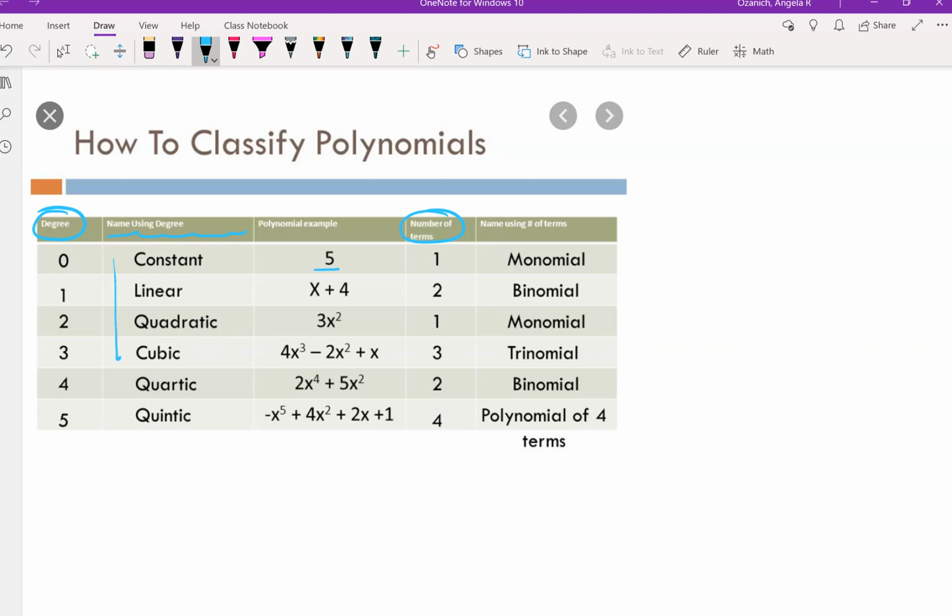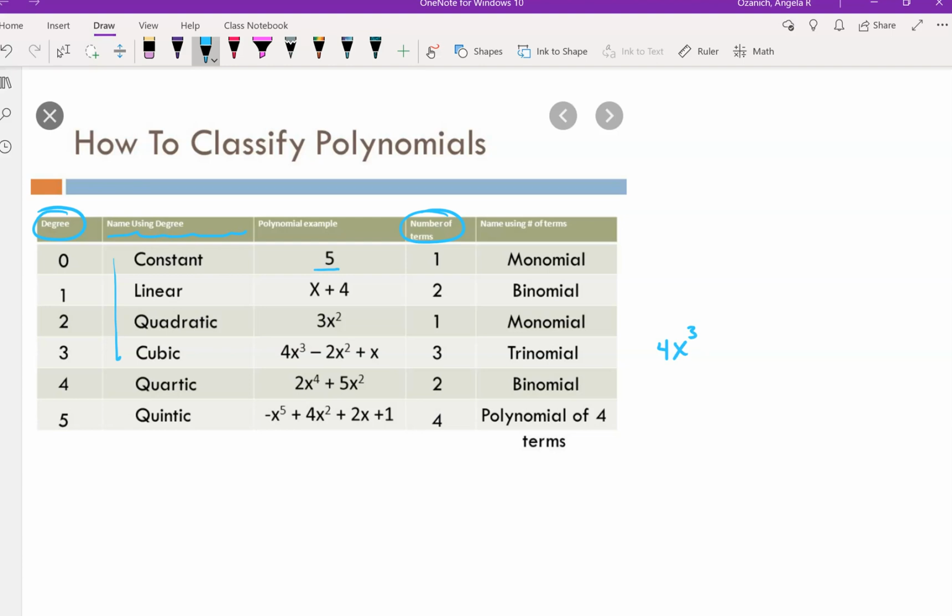A fourth degree polynomial can be called a quartic, and you have a quintic for 5. Beyond that, you usually call it a 6th degree polynomial or a 7th degree polynomial. When you have the number of terms, for example, with this cubic, it could be a cubic monomial. Here would be an example of a cubic monomial if you just had 4x cubed by itself, one term, it's cubed, so it's a cubic monomial.